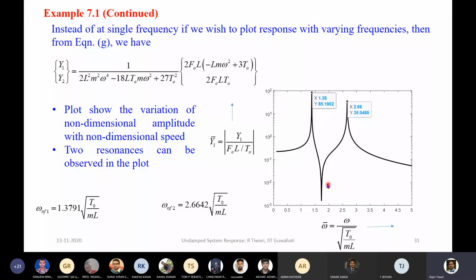I gave the example of the tempo, in which below the first resonance the amplitudes are larger. But once we cross the first natural frequency, the amplitudes become less and less. If we can design such that we have anti-resonance, that will be the best. It will be a more stable operation of the vehicle in this zone.